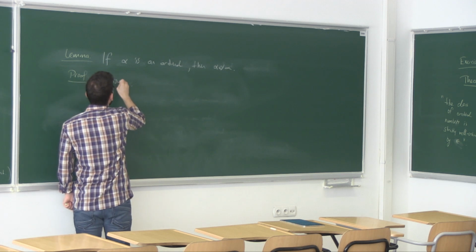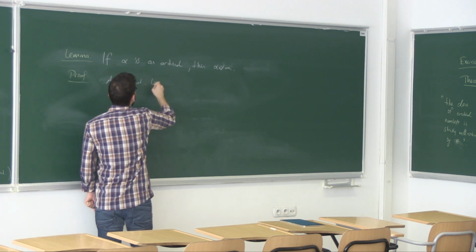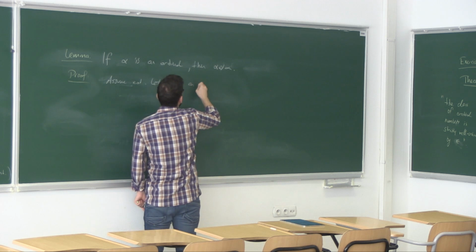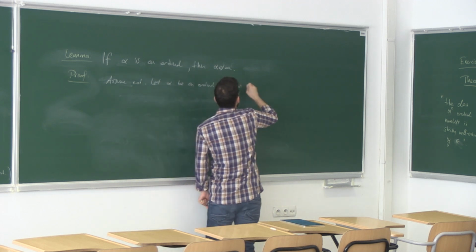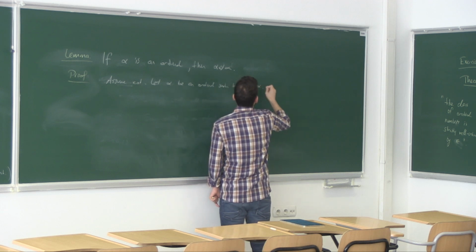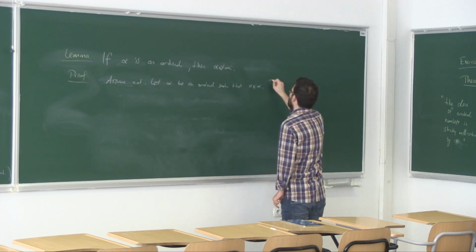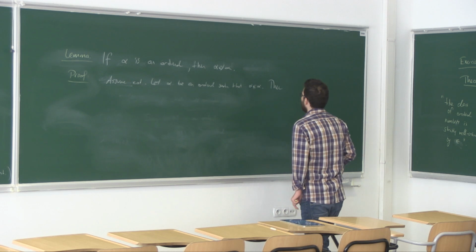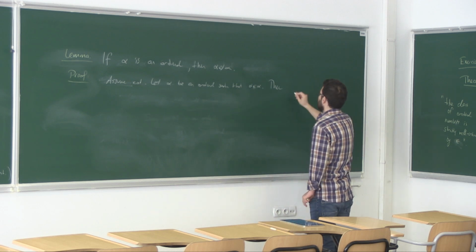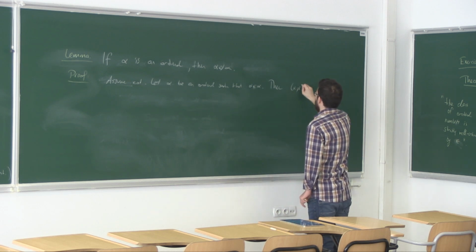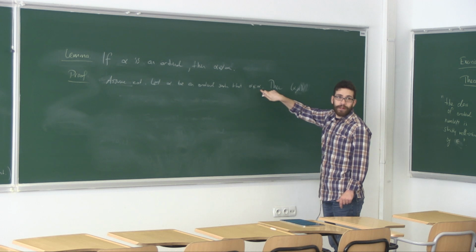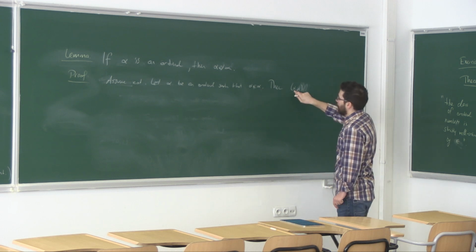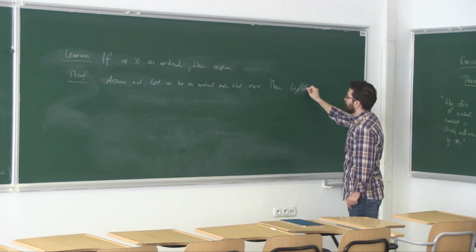Assume not. Let alpha be an ordinal such that alpha is a member of alpha. Then alpha is a member of alpha, which means that alpha is related to itself.